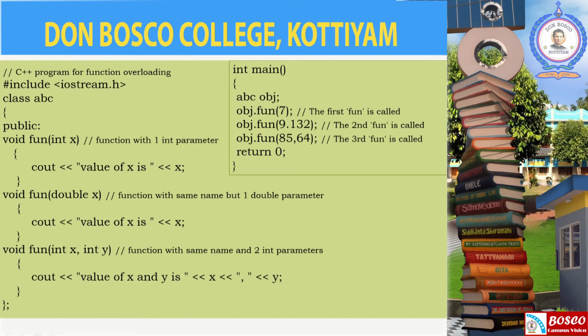That is, we are passing integer value. And then the second statement, object dot fun of 9.132. That is, we are invoking the second function. And to invoke the third function, we have to pass 2 integer values. And this is an example of function overloading.